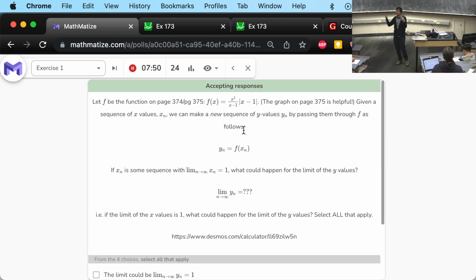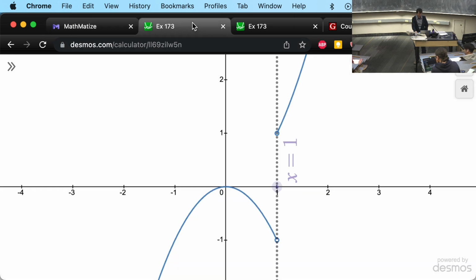So if there's more than one sequence of x values, there could be more than one value for the limit of the y values. So for any one sequence, there's absolutely only one limit, but there's more than one x value sequence here. We're thinking of all the possible x value sequences. And so the question is, what could happen? That's exactly what I want to get at.